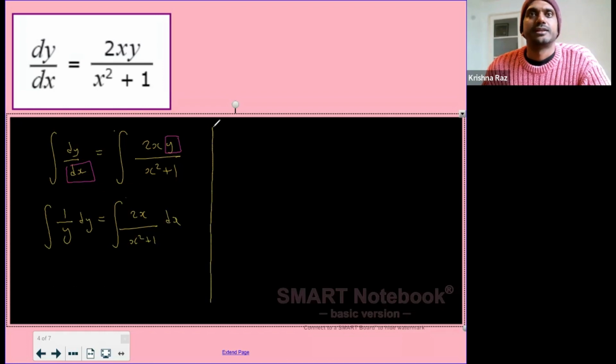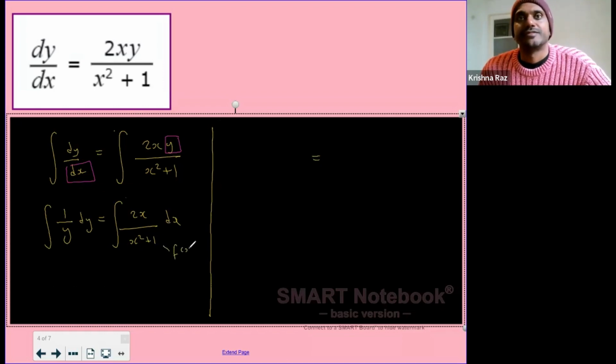As you've seen in another video of mine, we can integrate the right-hand side using recognition. So since this is a function and that would be the derivative of the function, the right-hand side must go to ln x squared plus 1. And we can see that left-hand side will go to ln y.